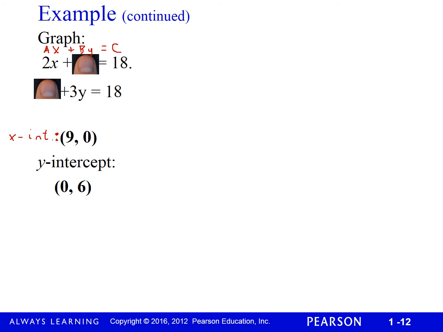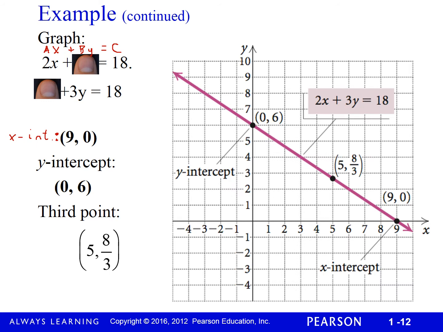And in the previous slide, we also got a third point by substituting 5 for x and solving for y and getting 8/3. We plot the points, and we get points which are in fact collinear, so apparently we did not make a mistake. The points are collinear.